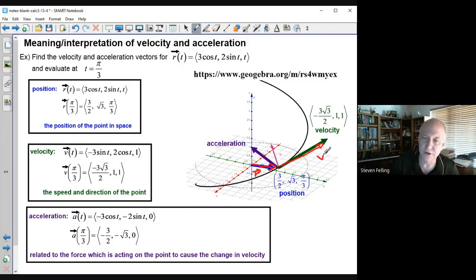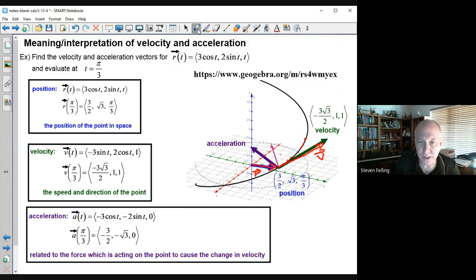This is the v vector, and it's perpendicular to this r vector. Well, not necessarily, but in this case it is, because this is roughly circular motion, so almost perpendicular. But what it shows is, as the object is moving along its path, this is not only the speed, but the direction of motion at that instant, right?